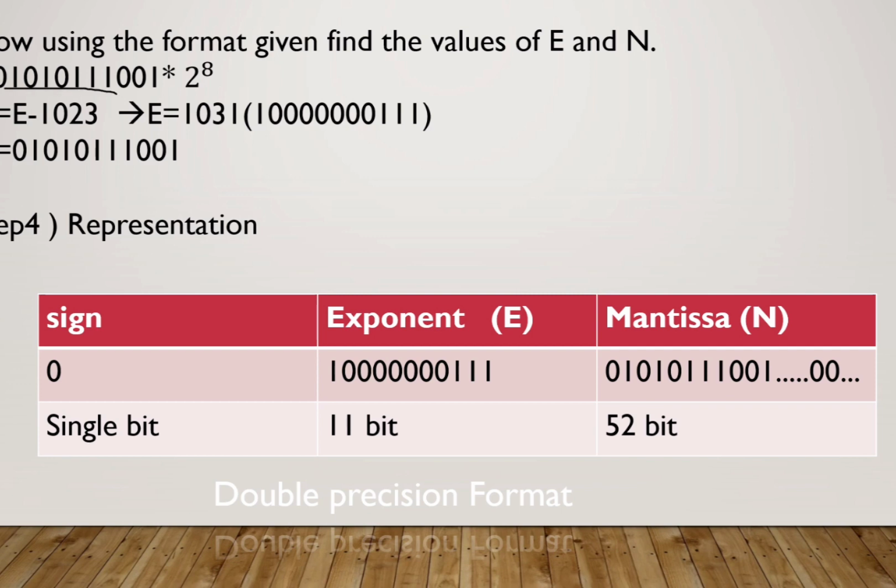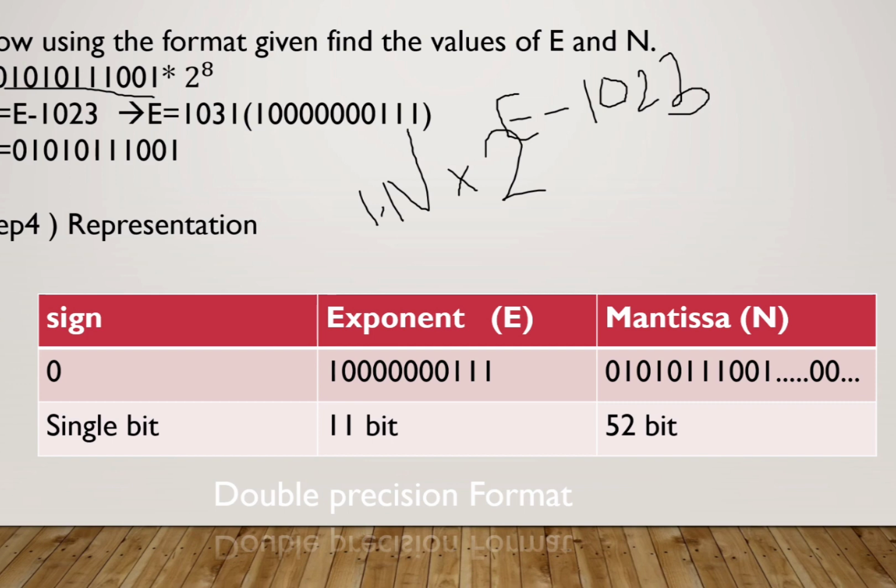01010111001, this whole number. Our format was 1.n times 2 to the power e minus 1023.